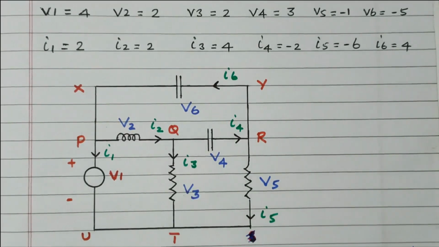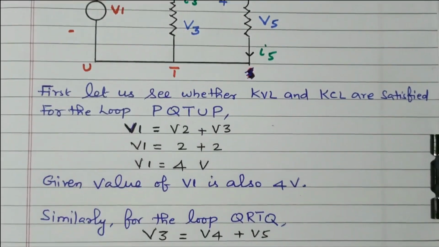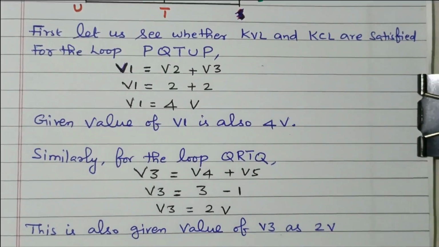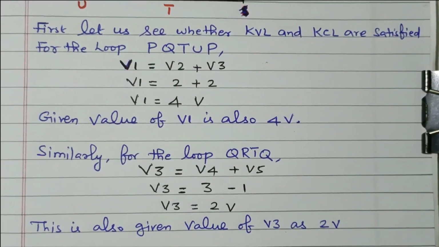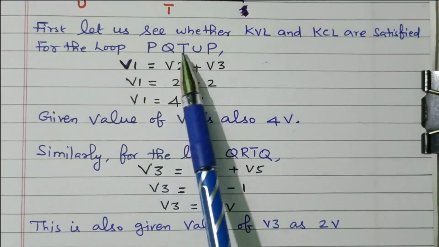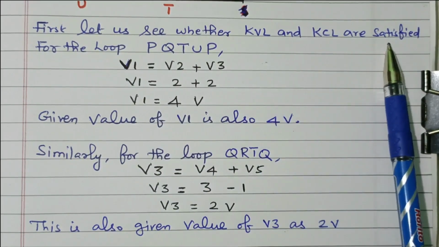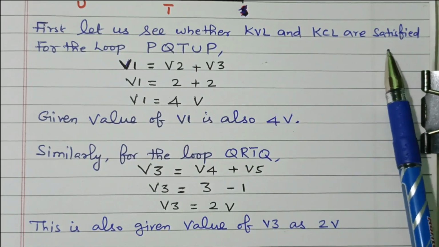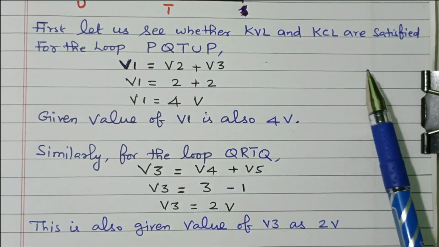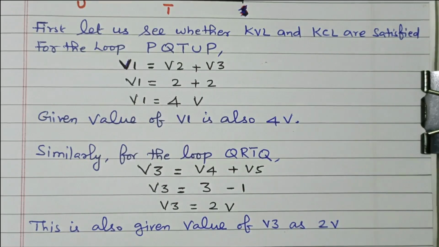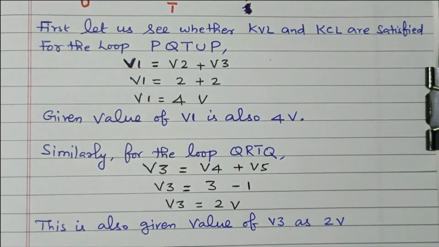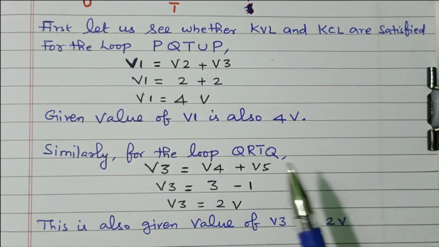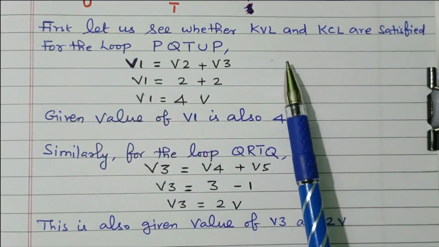We will see the expressions for this. First let us see whether KVL and KCL are satisfied. Tellegen's theorem says the sum of instantaneous power is 0, so it should satisfy Kirchhoff's voltage law and current law. First we will see Kirchhoff's voltage law.